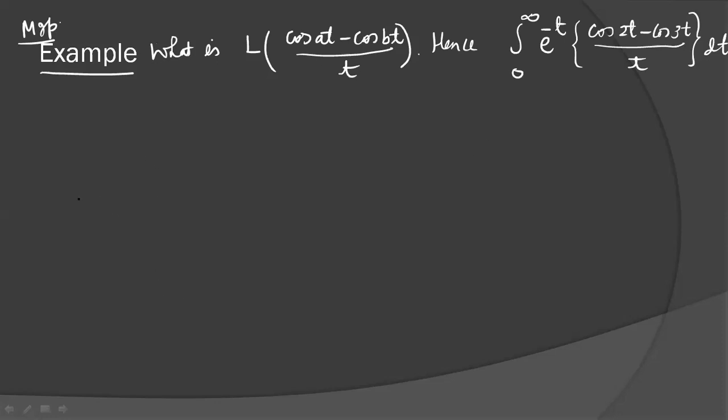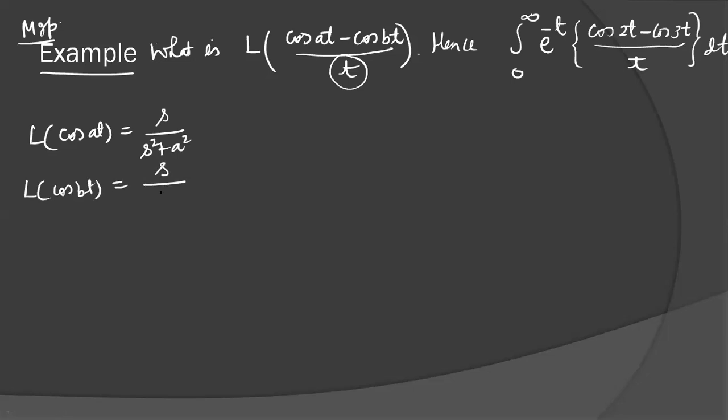So first we see what is the Laplace of (cos at minus cos bt) over t. So the division by t property we will use. First we see what is the Laplace of cos at. It is nothing else but s over s square plus a square. I told you in lecture 1, Laplace of cos bt is s over s square plus b square. Then the Laplace of cos at minus cos bt, use the linear property.